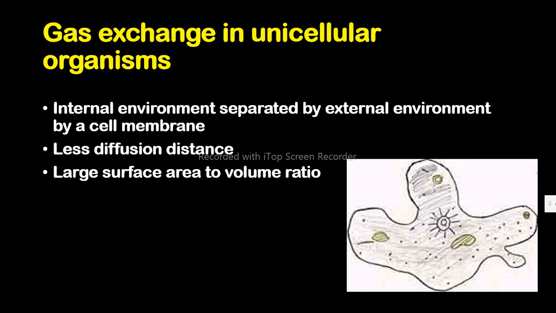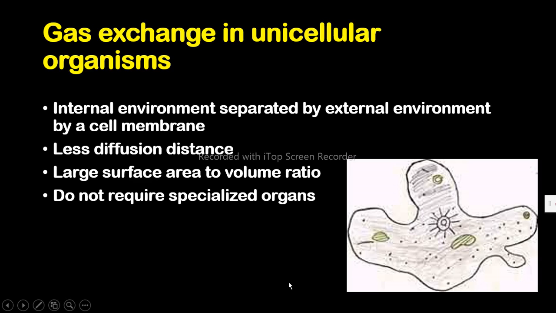Small organisms have a surface area that is lower than large organisms, and their volume is low compared to large organisms. However, when you get the ratio of surface area to volume, small organisms have that large ratio compared to large organisms. Based on that, these organisms don't require specialized apparatus.